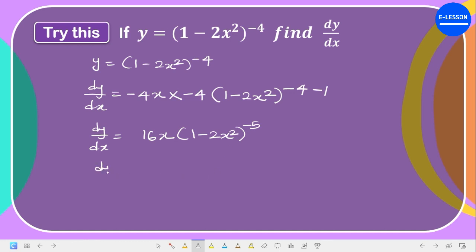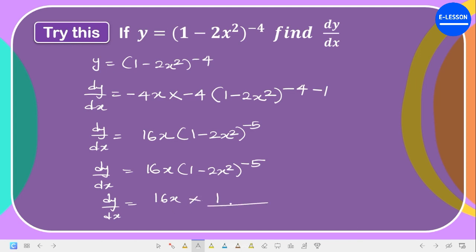So your final answer is dy dx is equal to 16x brackets 1 minus 2x squared to the power of negative 5. Now this can also be written as dy dx is equal to 16x. Now I said that whenever you have negative here, it means 1 all over something, right? So this will be 16x times 1 all over.